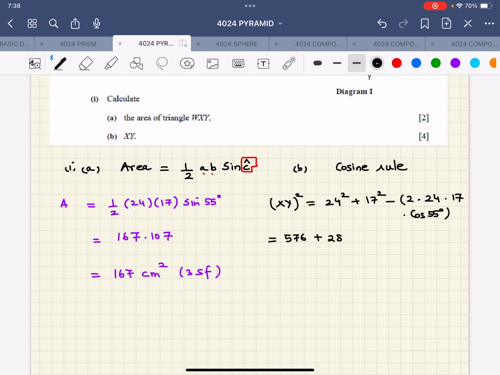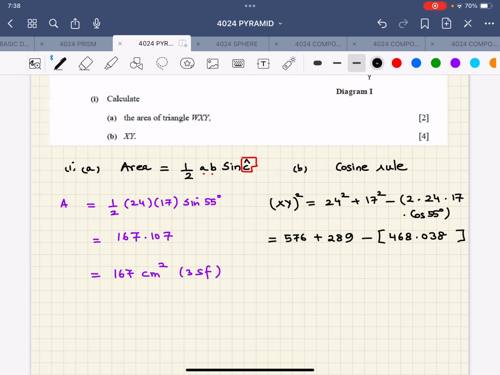So let me first write this down. And then what is inside the bracket? So again, let me use cosine of 55 degrees, and I'm multiplying it with 17 into 2 into 24. This is coming out to be 468.038.